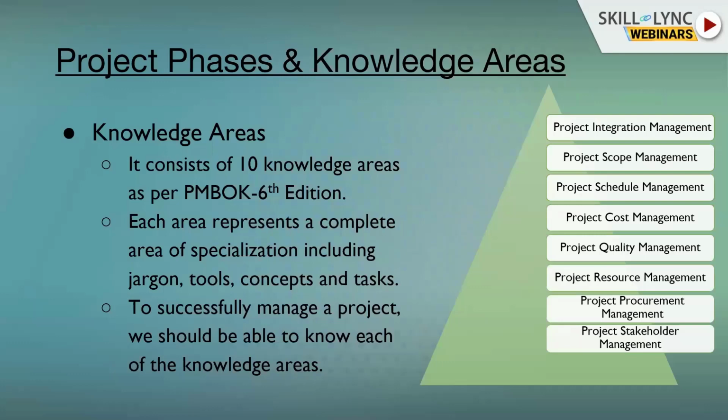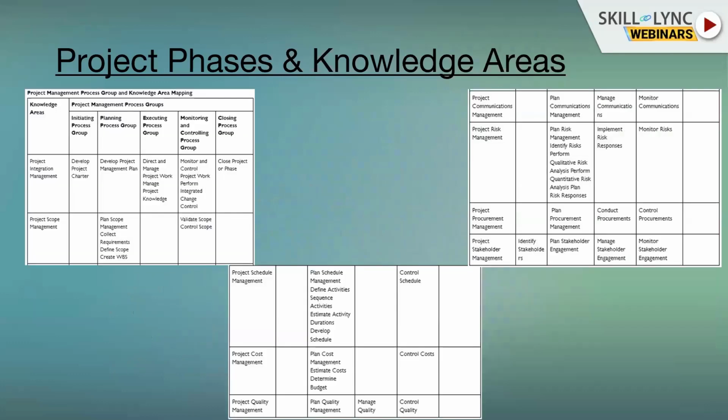Okay. So moving ahead, this is a picture which includes process groups and process management. You can find this in the PMBOK 6th edition as well. The knowledge areas are project integration management, project scope management, and so on. These knowledge areas all have the 5 process groups: initiation, planning, executing, monitoring and control, and closing.